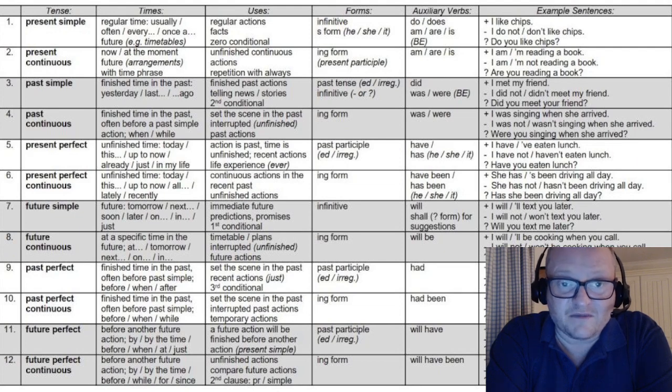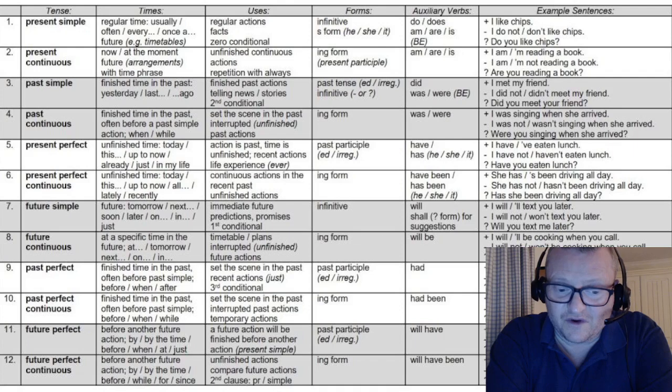I was doing something, blah blah blah, when something happened in past simple. Past simple is the main tense, and past continuous is the helping tense. It's helping to set the scene, and we see that a lot with our tenses.